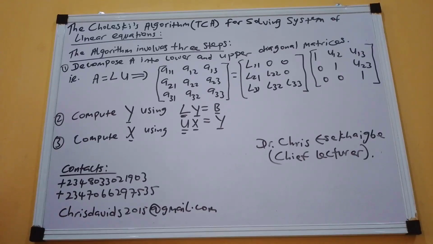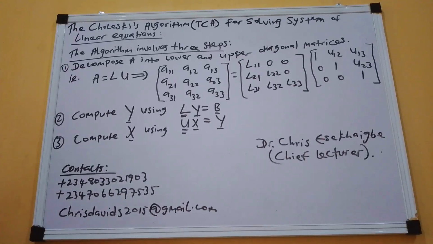When the series started, we considered the matrix inversion method. We also looked at the Gaussian elimination method. We looked at the simple elimination method. We also considered the simple substitution method. We considered the Cramer's rule, and today we are looking at the Choleski's algorithm.